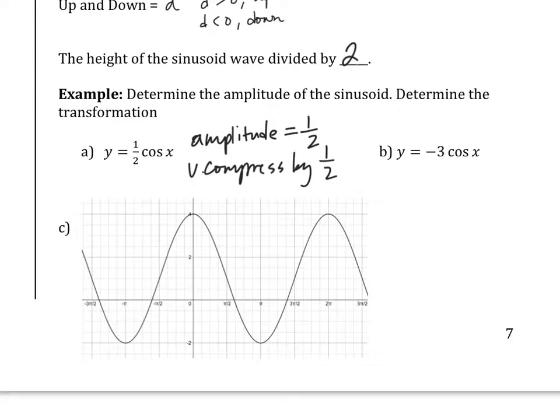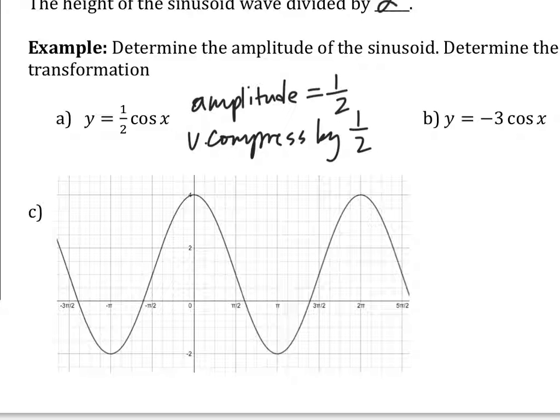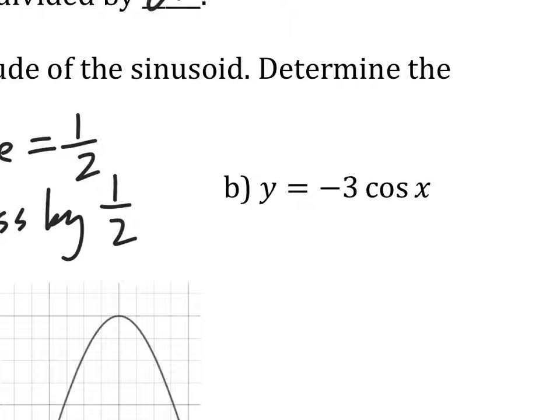Let's have you guys try B and C. You just need to find the amplitude and the transformation. B. Let's try Gary. What is A? 3.